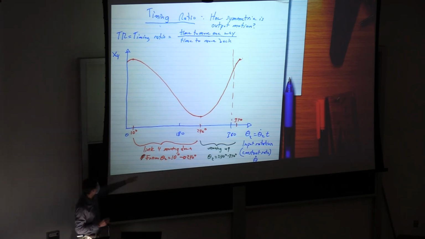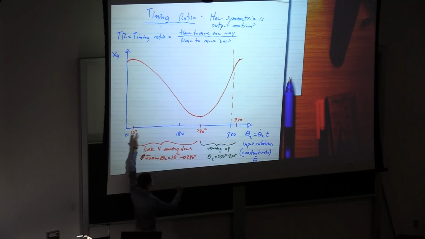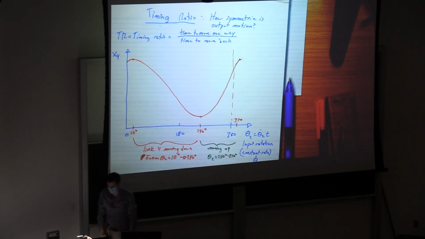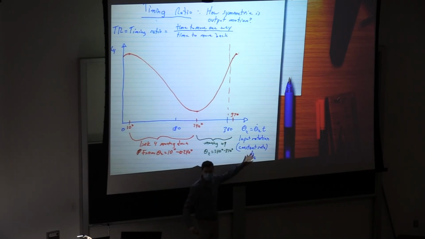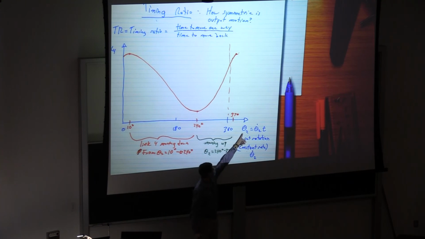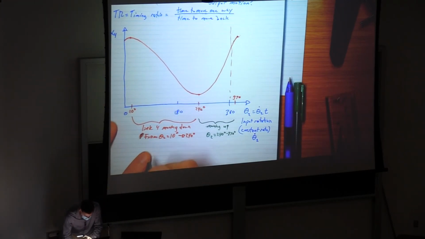Okay, so this is how we're going to define our timing ratio. We're going to find out what this span, this distance measured in time, is, divided by this distance. So that's going to be our timing ratio. And we're going to rely on the fact that our input is constant. That means that if we measure things in angles, it's proportional to the amount of time. Theta 2 dot constant means angles are proportional to time in this case. So let's calculate these things.